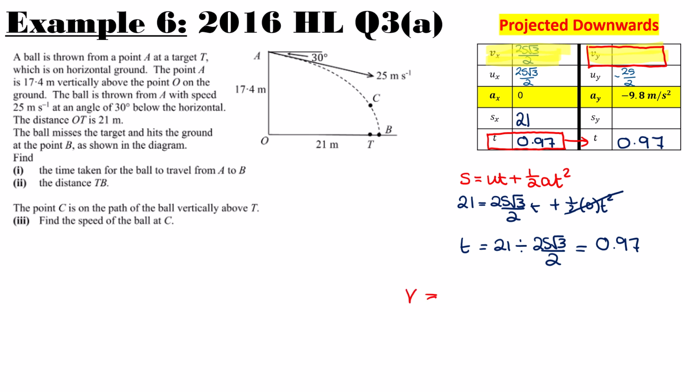I can now plug my T in there and I'm going to get my velocity vector V, but I need the V in the y direction. I'm going to use V is equal to U plus AT. So that gives me V equals, remember we are minus 25 over 2 plus minus 9.8 times 0.97. So the velocity in the y direction is going to give us 22.01.